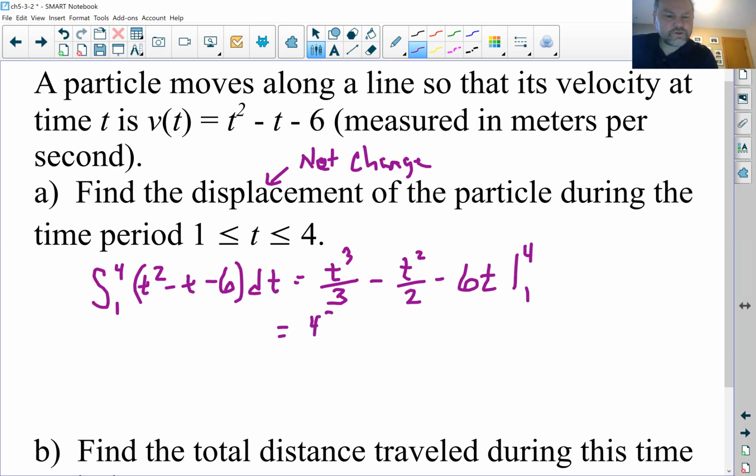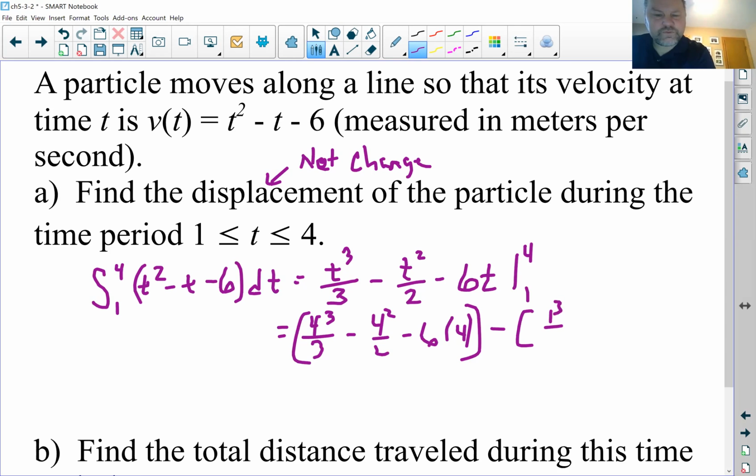So we get 4 cubed over 3 minus 4 squared over 2 minus 6 times 4, minus 1 cubed over 3, minus 1 squared over 2, minus 6 times 1. 16 over 2, I think that's just 8.